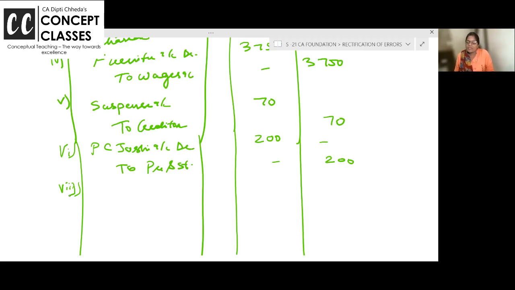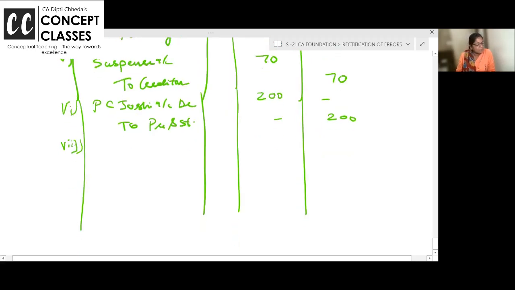Okay. So now 10,000 paid for motorcycle for Mr. Dutt has been charged to miscellaneous expense. Now this motorcycle the proprietor has purchased for himself. It is the same problem as the 11th only.